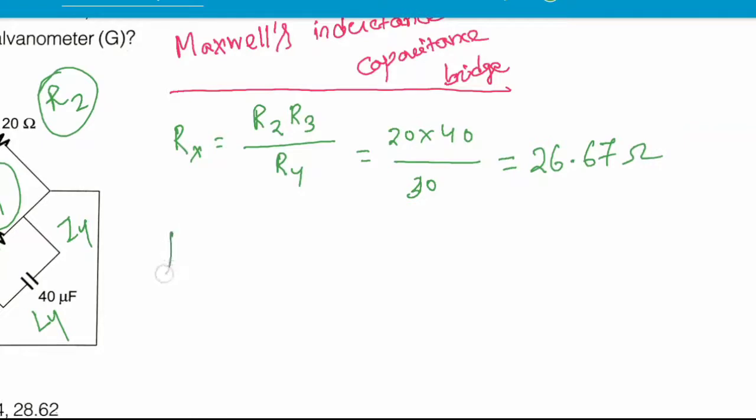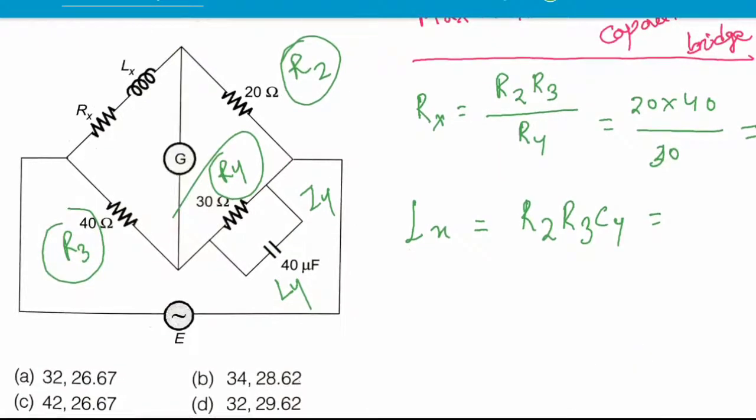Next is Lx, that is unknown inductance. The formula is simple, R2 R3 C4. Same R2 R3, and when capacitance comes, this should be in the denominator, but due to the capacitive reactance 1 by omega C, C will be above. So this is the process.